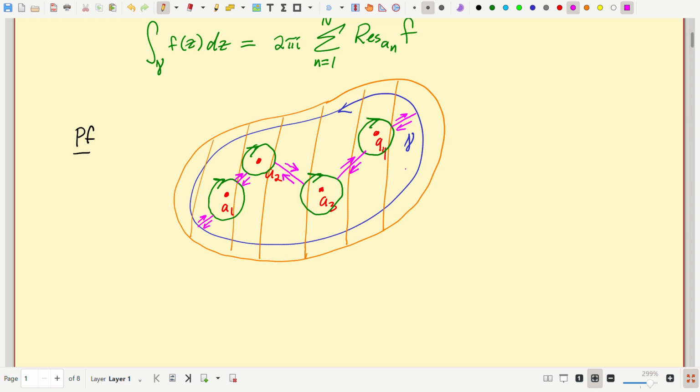Can you clarify the notation used in the integral for the residue at A_n of f? Like the residue of A_n times f? No, it's the residue at A_n of f. That's the a_-1 term in the Laurent expansion. I defined that last lecture. Could you add parentheses to it?